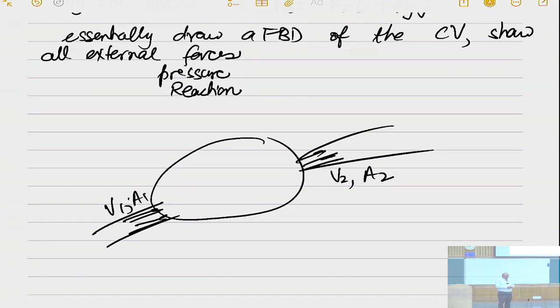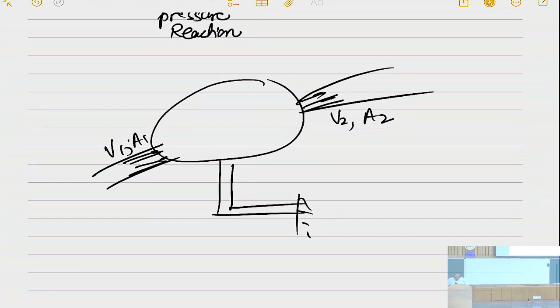At the outlet, the velocity is V2, area is A2, something similar. But now I've made a general container type of situation. And let's say this is being connected to a wall like this. And let's say the pressure here is P1, the pressure here is P2. In fact, probably V2 will not be given. You will find that from the continuity equation. Only one of the velocities will be given.